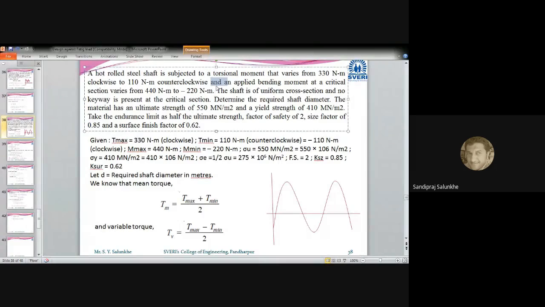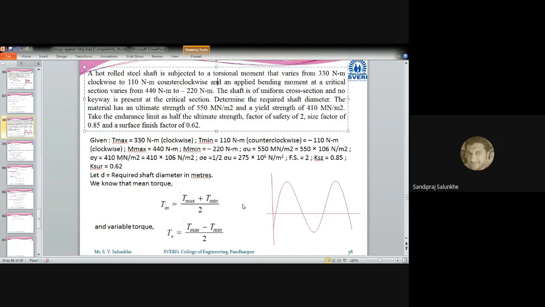Next statement is that an applied bending moment at a critical section. Critical section is nothing but where, when we are going to design this shaft, at that time we consider the critical section, meaning where that shaft may be weak or weakest, we can say. That's why we call it a critical section.